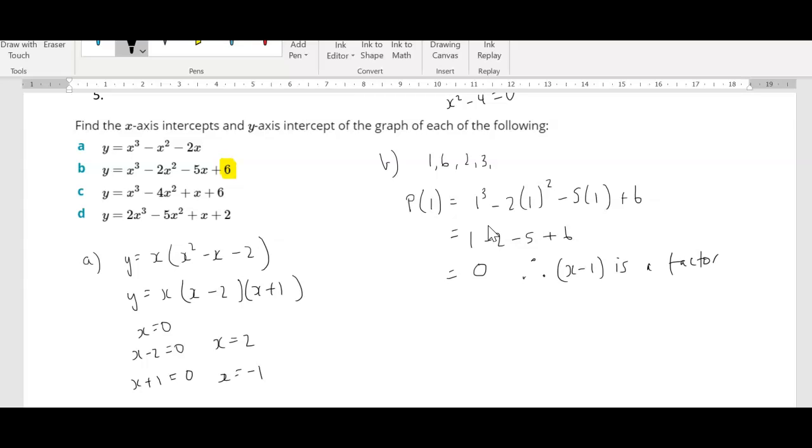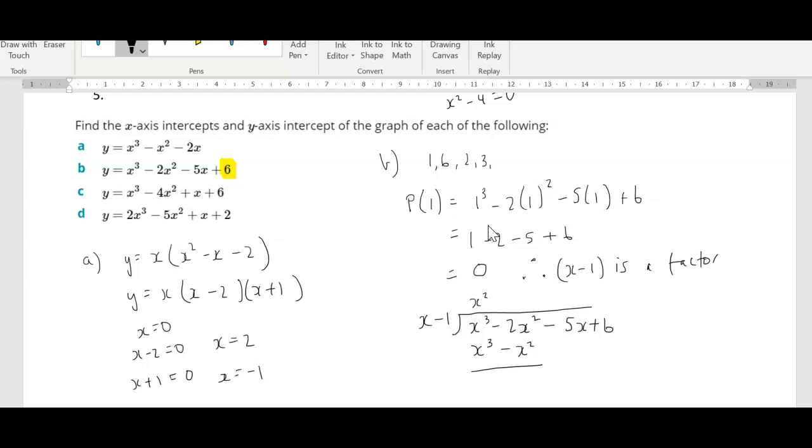All right, so to now factorize it, I've got to divide x minus 1 into my polynomial. So I've got x cubed minus 2x squared minus 5x plus 6. We just got to divide this through. So x into x cubed is x squared. x squared times -1 is negative x squared.